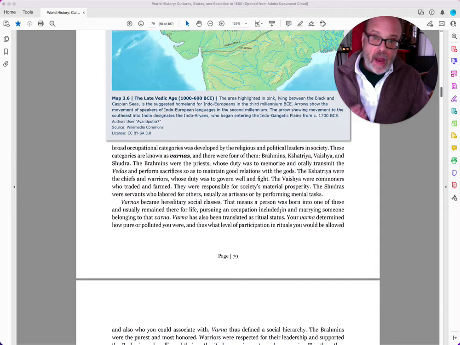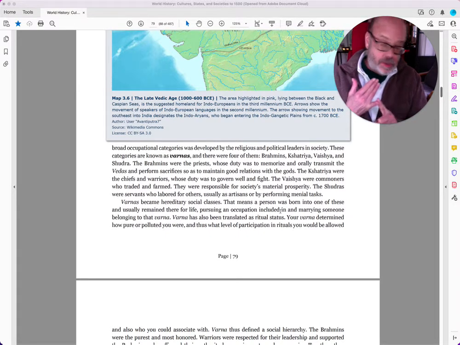The other thing I want you to take out of this chapter is to just basically know that Hinduism and Buddhism came out of India. But the other thing you're going to read about is the caste system. You'll also read about something called Varnas, which are similar, kind of earlier. The caste system is a social class system related to Hinduism.